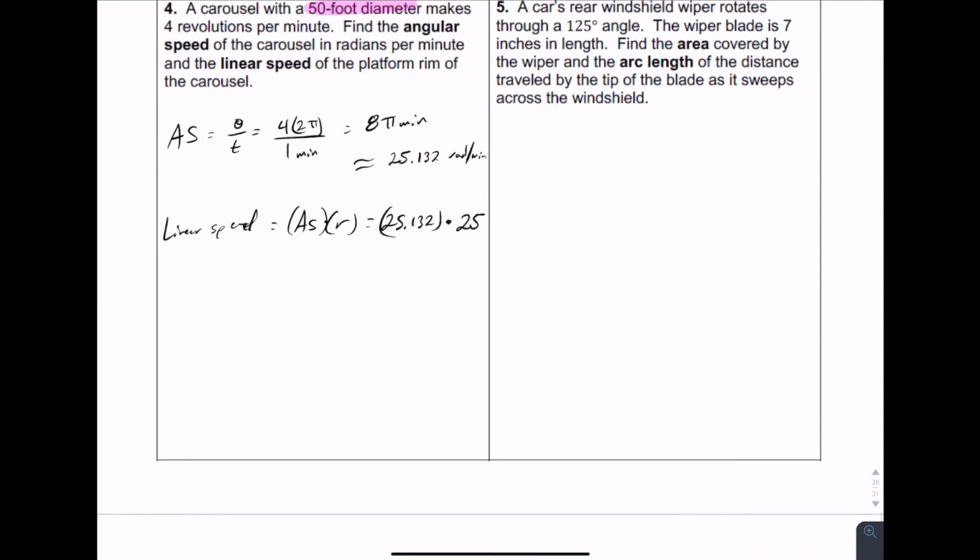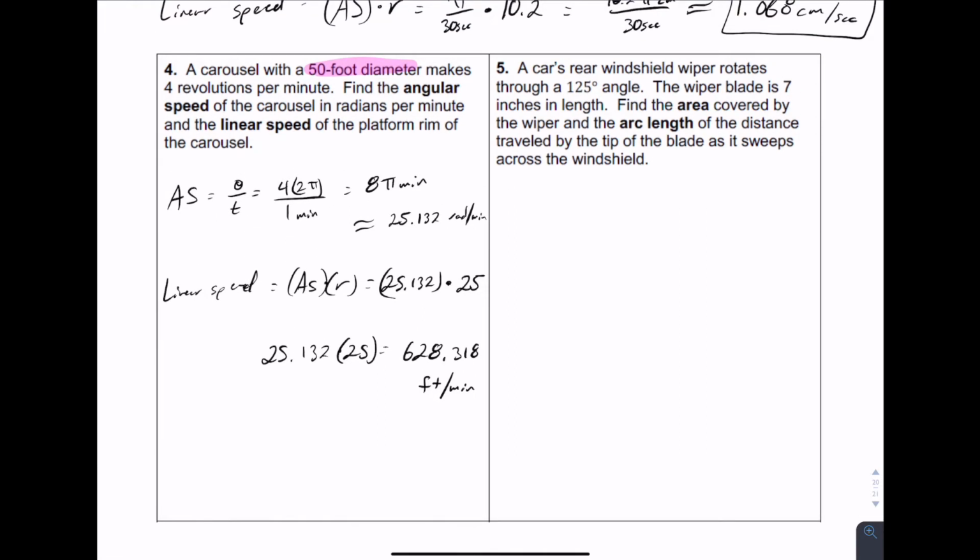Okay, so now 25.132 times 25 gives us 628.318 feet per minute. Okay, everybody clear? Okay, moving on.